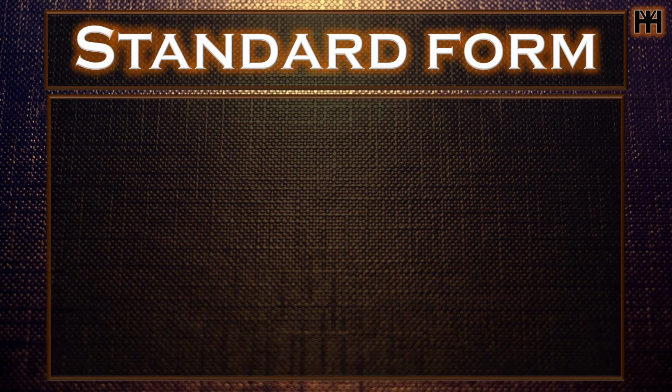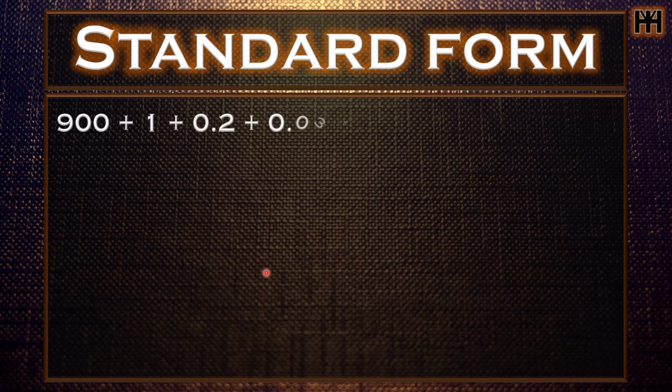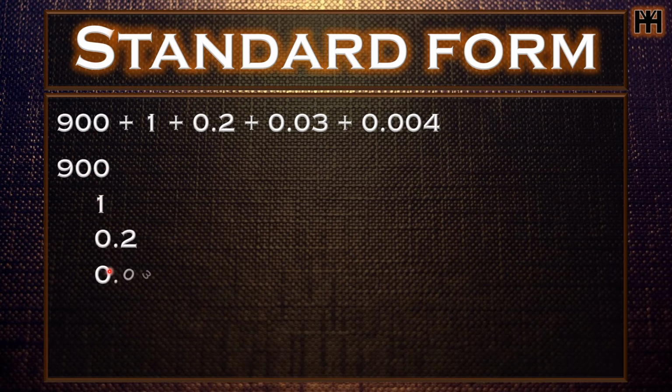Standard form. Let's say we have 900 plus 1 plus 0.2 plus 0.03 plus 0.04, and we want to write them in the standard form. First step, take all of the numbers and write them under each other and arrange them like that.